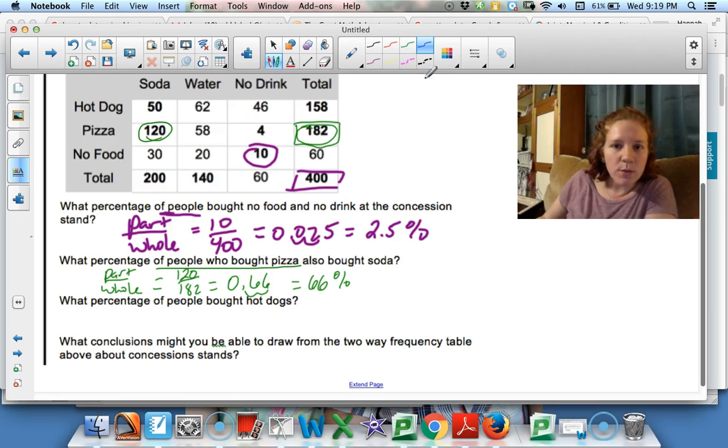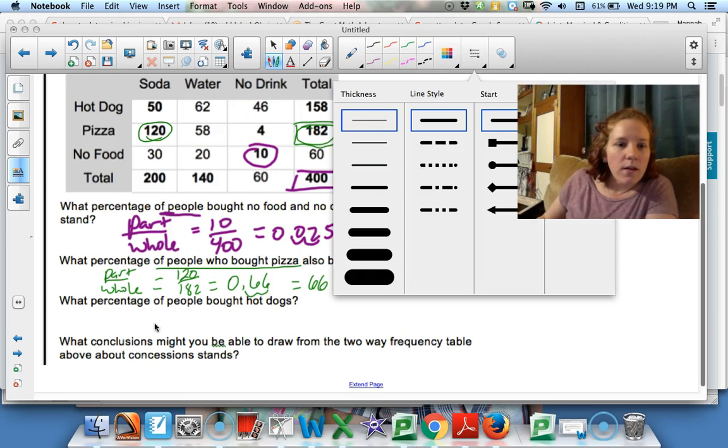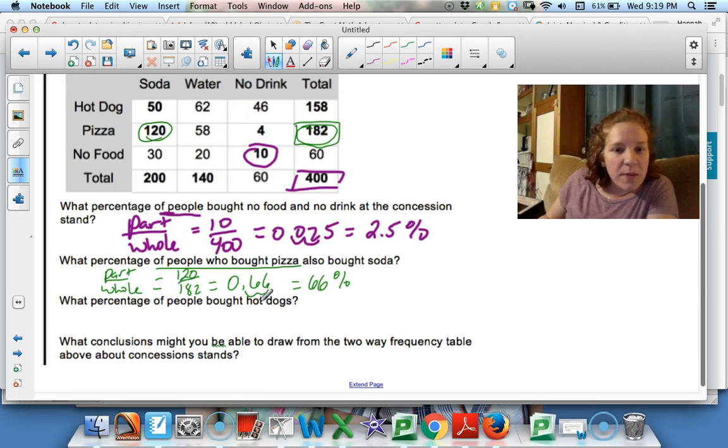Let's do this one in blue. What percent of people bought hot dogs? This time it says of people. So that means my whole is back to the entire 400 because I didn't qualify it with just pizza buyers or just soda drinkers or whatever. So what percent of people? So I'm putting 400 as my whole. My part are all the people who bought hot dogs.